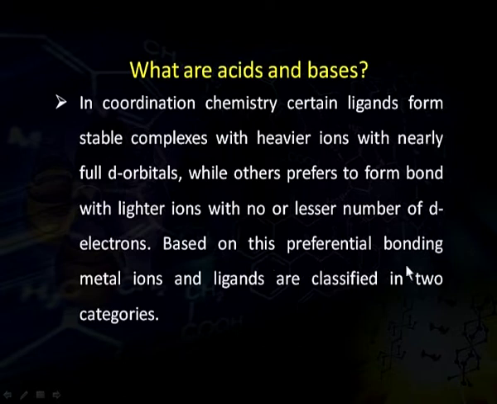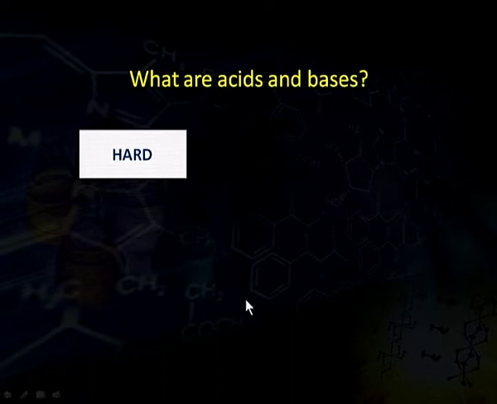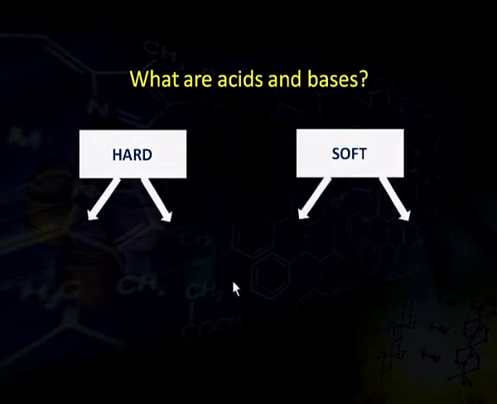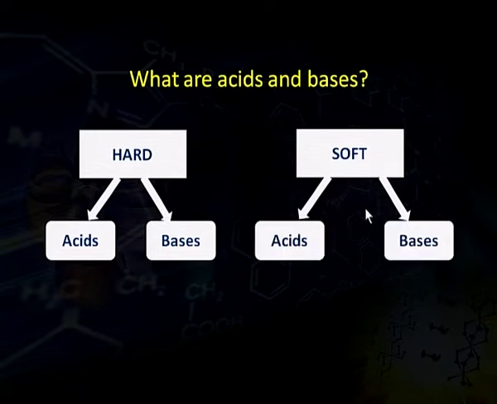Based on this preferential bonding, metal ions and ligands are classified into two categories, the hard and the soft, and hard has acids and bases under it. Similarly, soft also has acids and bases under it. So, we have four classes: hard acids, hard bases, soft acids and soft bases. This is what is called hard and soft acids and bases.